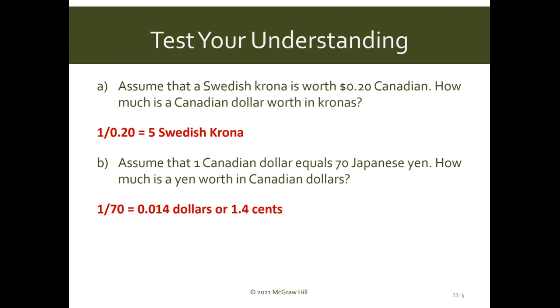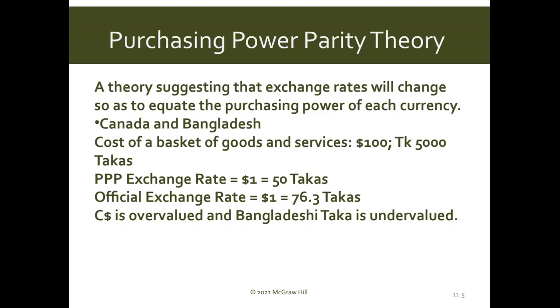Assume that 1 Canadian dollar equals 70 Japanese yen. How much is a yen worth in Canadian dollars? Just take the reciprocal. So 1 over 70 is 0.014, basically 1.4 cents. So 1 yen equals 1.4 cents. So this is how we convert exchange rate.